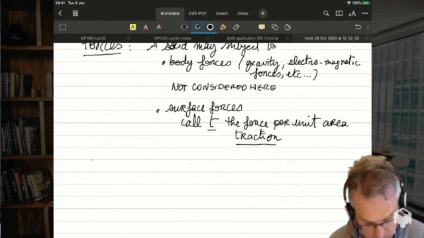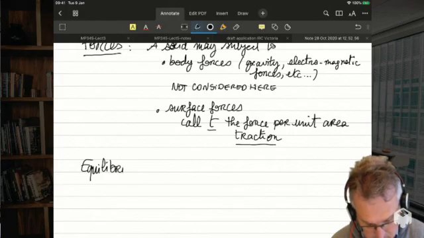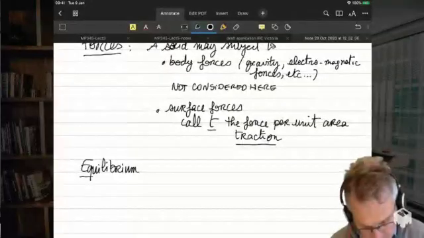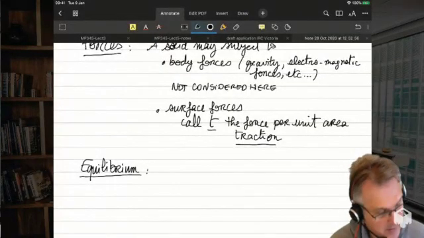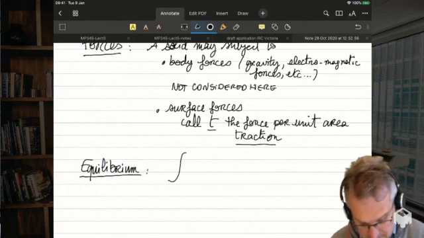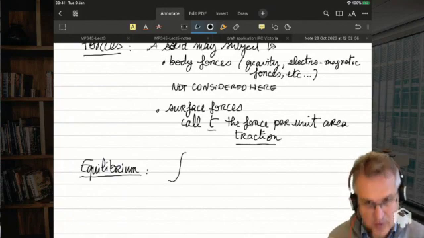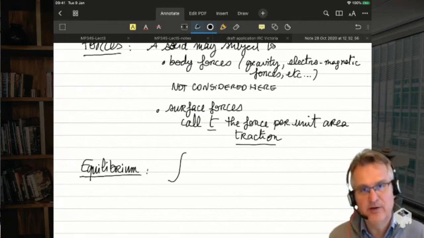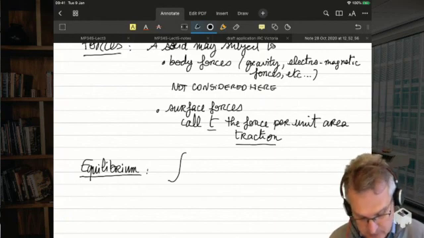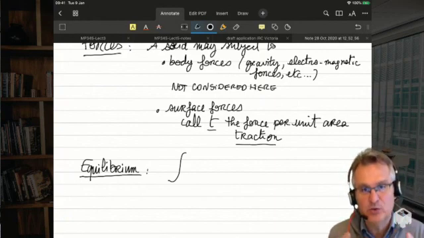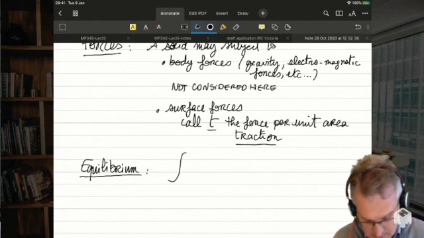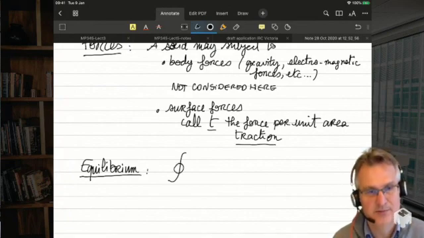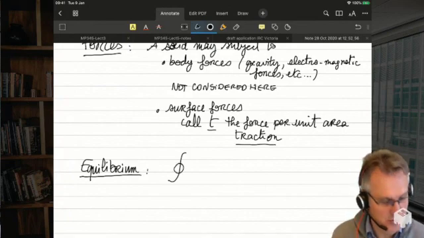And then equilibrium. It's just going to read like this. The sum of all the tractions applied on the surface of a solid. I'm only looking at surface forces. And then I'm looking at a closed solid, so I'm going to write that circle there just to show it's closed.